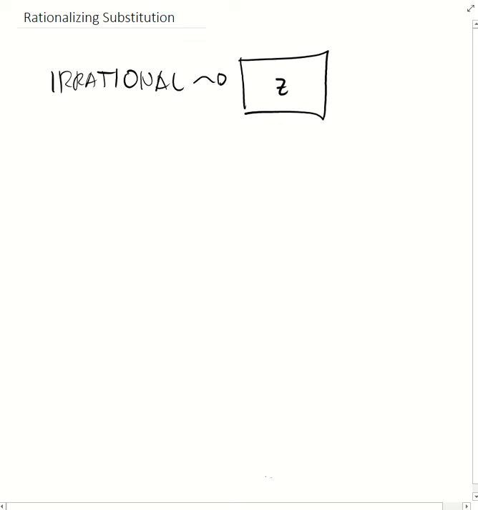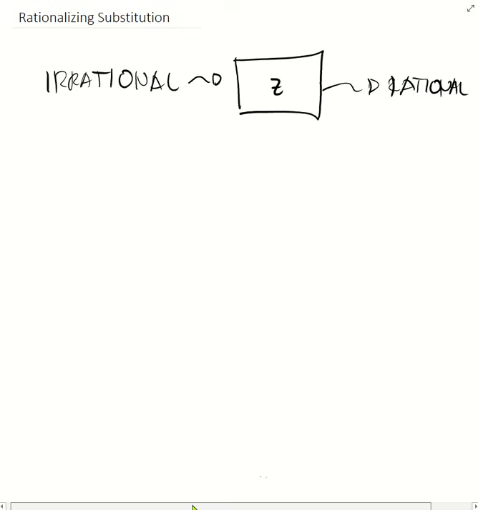Let's use z instead of u. Then we convert this into a rational function. We transform that irrational function using some substitution into a rational function. That's why it's called rationalizing substitution. Then after converting it into a rational function, we can now apply partial fractions.